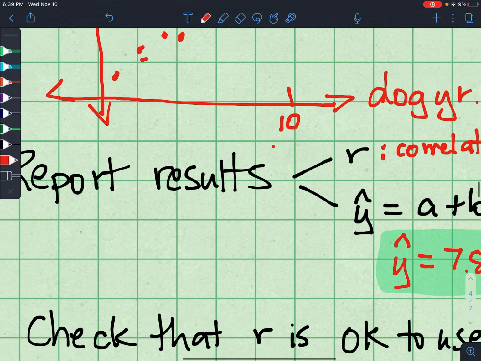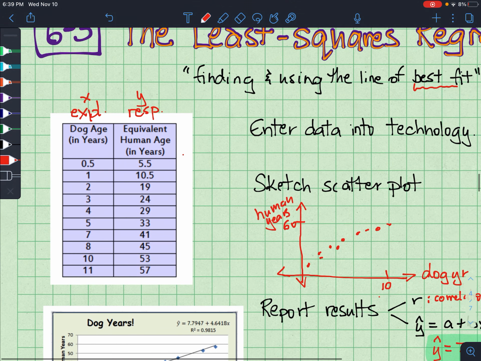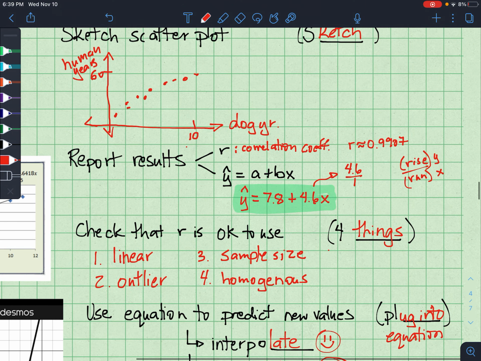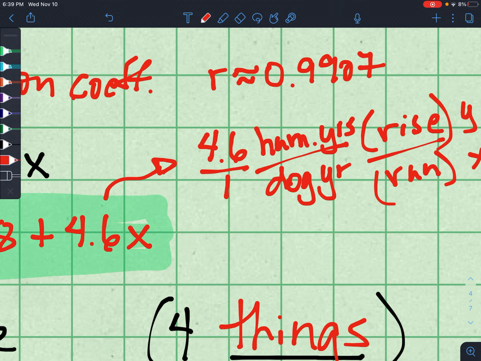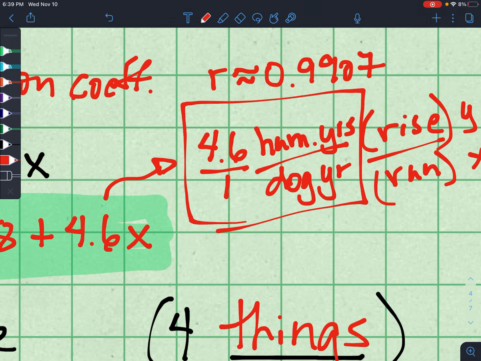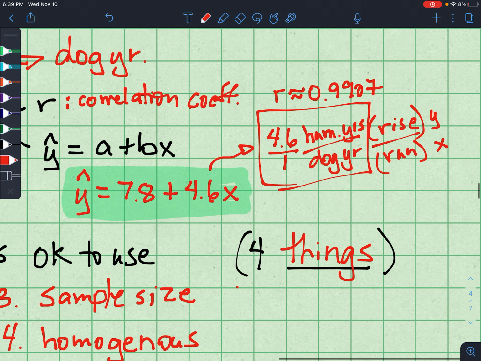So if I go back over here and look at my data set, the y was the human and x was the dog. So this is 4.6 human years versus 1 dog year. That's how I interpret my ratio, my slope, for the LSR line.